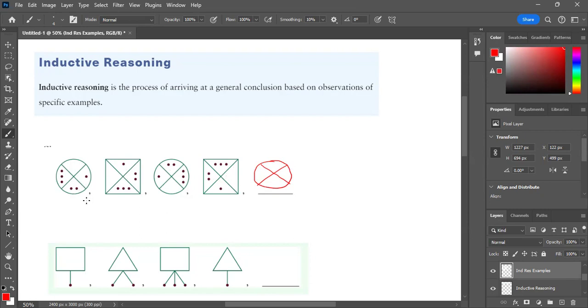Now we've got some dots in here, and those dots are changing. If I look at the left figure, I see a blank on top, rotating clockwise, I see 1 dot, 2 dots, 3 dots. If I go to the next figure, now the blank is over to the left and rotating clockwise 1, 2, 3 dots. Next figure, now the blank is on the bottom, rotating clockwise 1, 2, 3 dots. And then the next figure, the blank is on the right, rotating clockwise 1, 2, 3 dots.